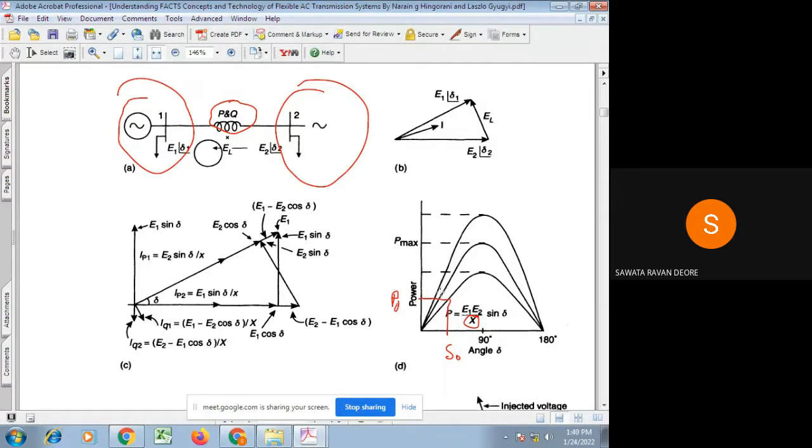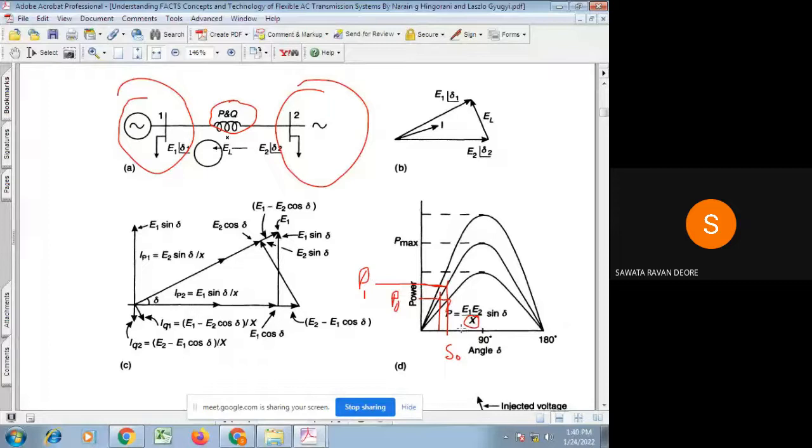The operating point has shifted here. What does that mean? The same power can be transferred through the transmission line at a reduced load angle delta, that is, the stress on the line gets reduced. Or for the same stress, that is the same load angle delta, we will be able to transfer more power through it.